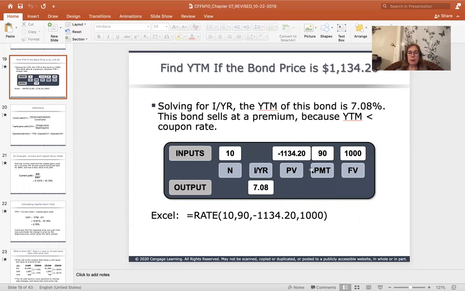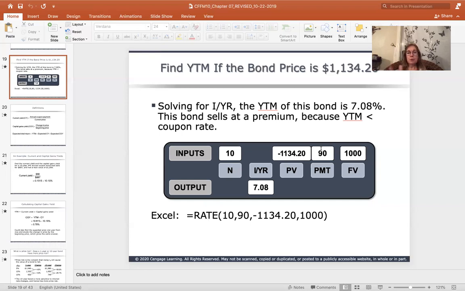Go to the formula and calculate the current yield, which is going to be $90 divided by the 1134.20. That will give you your current yield. And then you're going to take 7.08 minus your current yield, and that'll give you your capital gains yield. In this case, your capital gains yield is going to be negative because you paid $1,134, but you're only getting 1,000 at the end. So the capital gains yield will turn out to be negative.